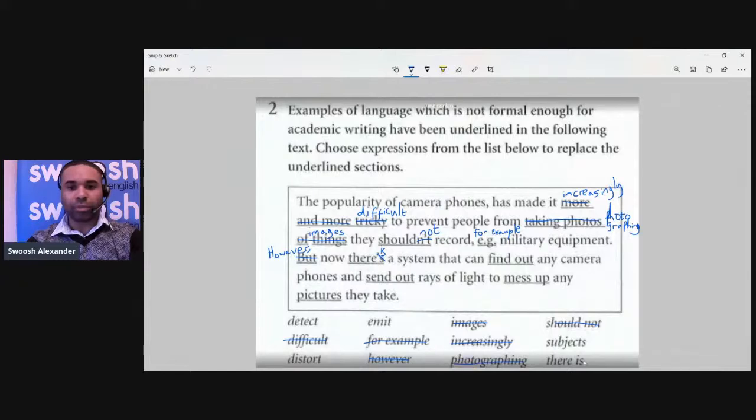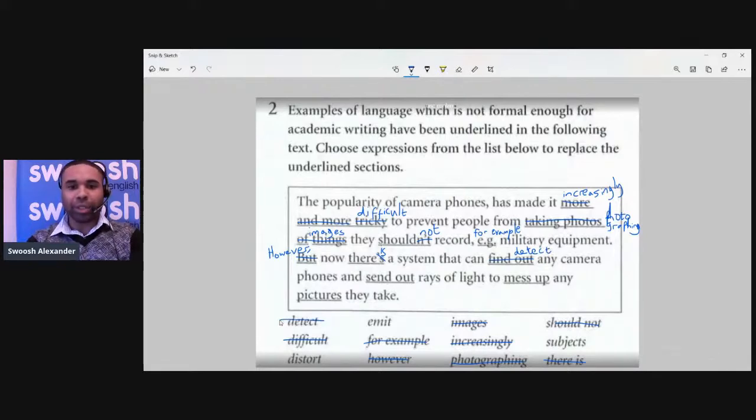Okay, so we've used this already. A system that can find out. Well, find out is an example of a phrasal verb. Phrasal verbs are informal, so it has the same meaning in this context as detect. So that's what we should use.